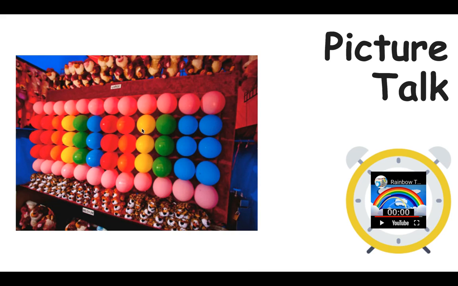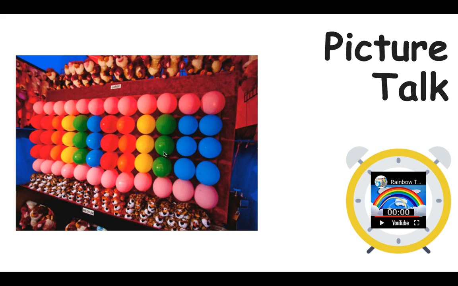But let's look at the balloons because I see a lot of things, a lot of patterns. So first, in this picture, there is a row of balloons that are pink at the top and a row of balloons that are pink at the bottom.